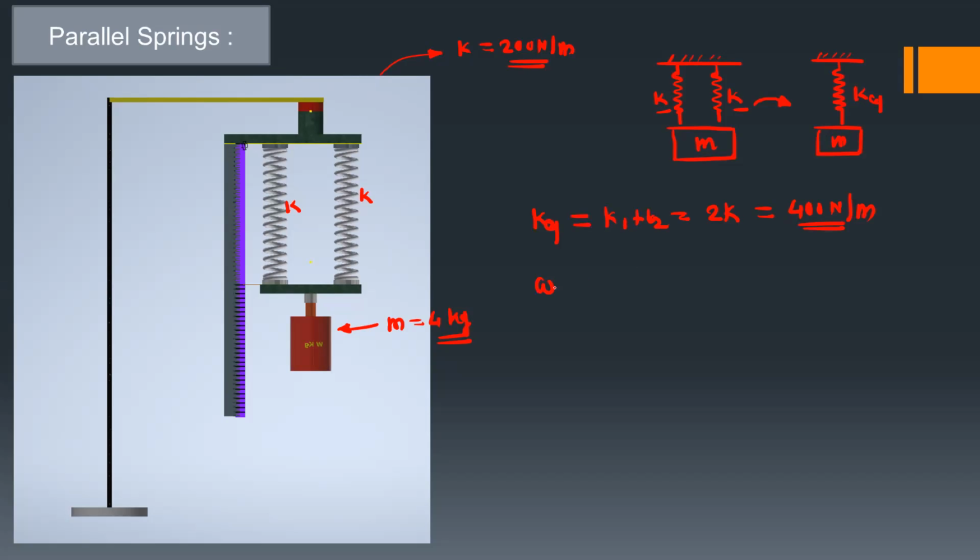The theoretical natural frequency is omega n equal to square root of K equivalent upon m, so square root of 400 upon 4, which is 5 radian per second. This is the theoretical value.